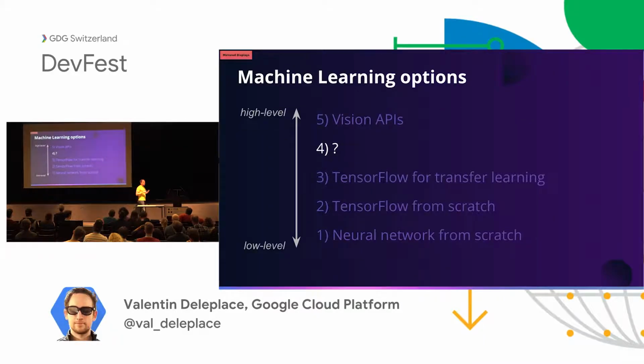So the options 1, 2, and 3 require quite some programming, and the option number 5 is not specific enough. The question is, does it exist a number 4 that would combine the best of both worlds? So being as easy to use as Vision APIs, but as powerful as building a neural network from scratch or with TensorFlow. And that's where AutoML comes into play.